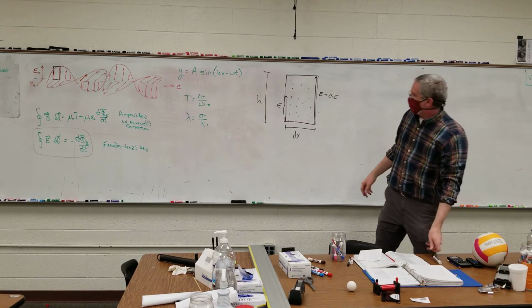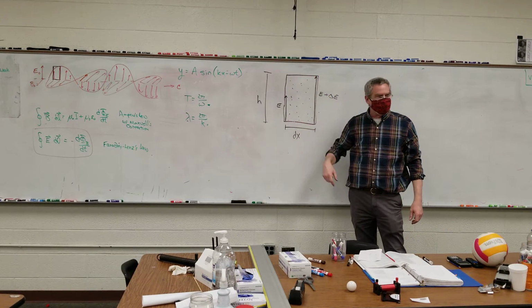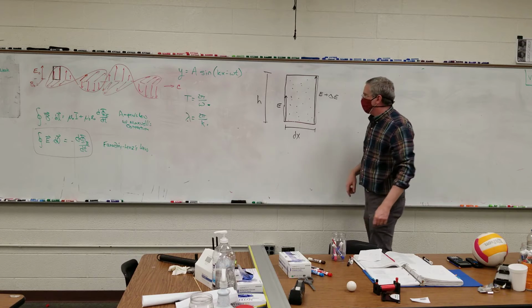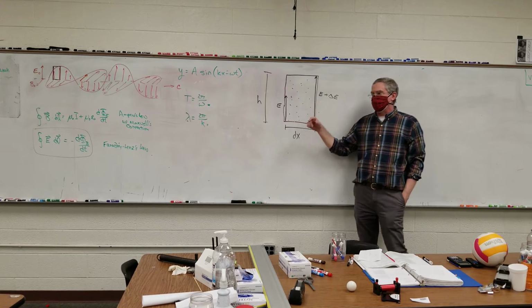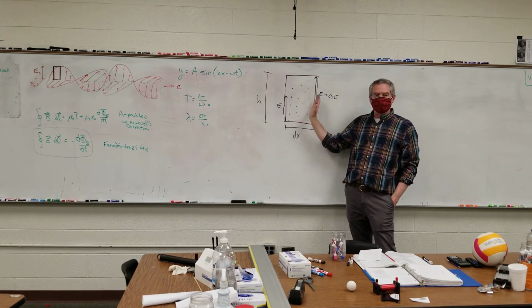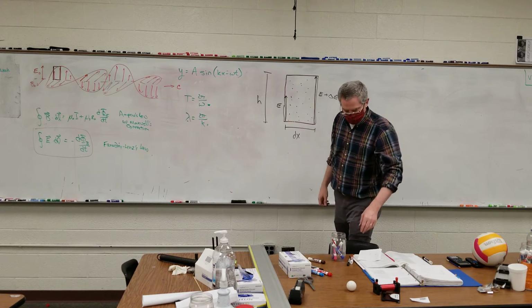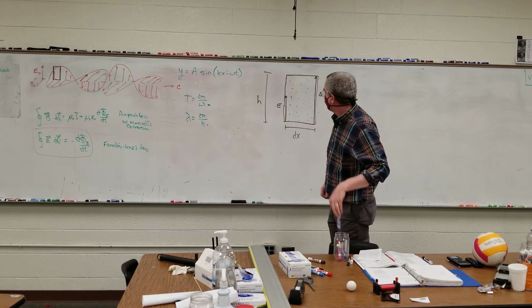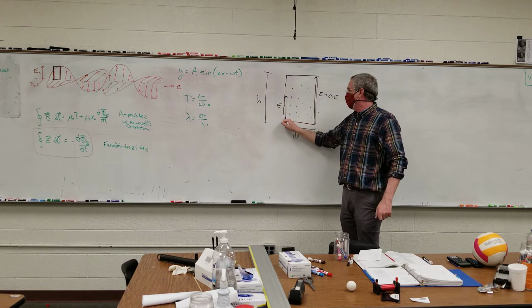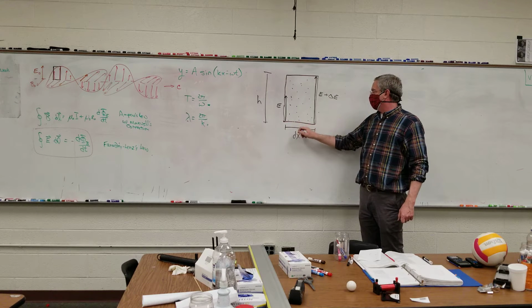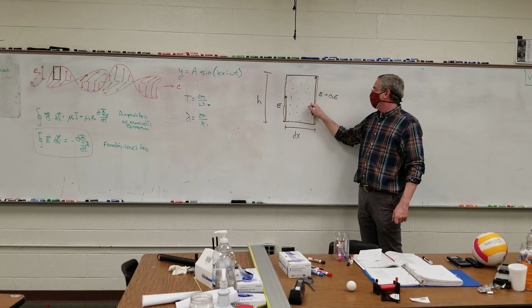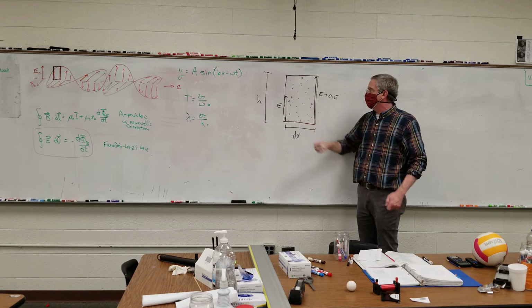If I'm doing a line integral, I need to start someplace and work my way around. Typically, the way you do it is sort of a right-hand roll. Magnetic field's coming out, so I'm going to do my line integral counterclockwise. I'm going to start here and call the sides 1, 2, 3, and 4.